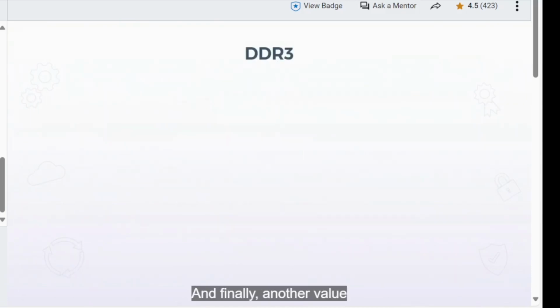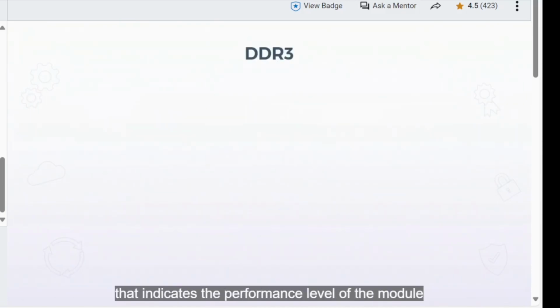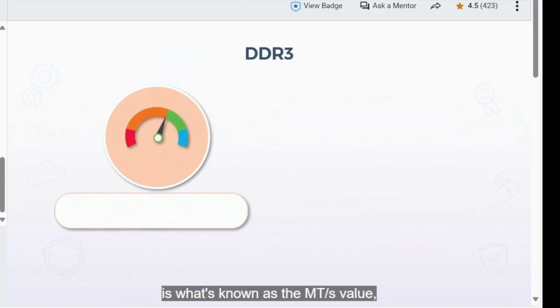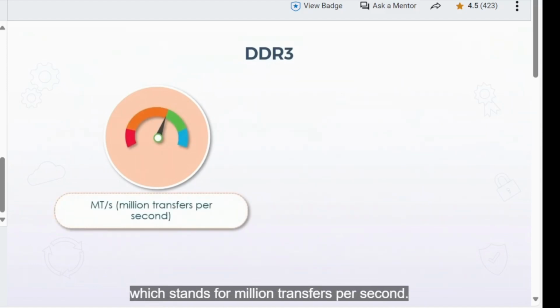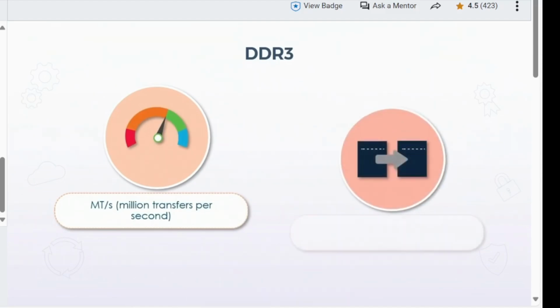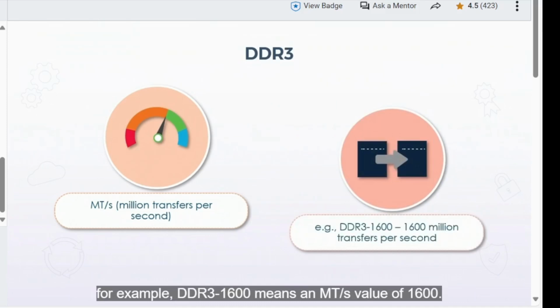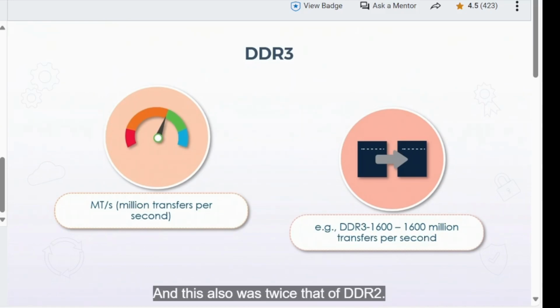And finally, another value that indicates the performance level of the module is what's known as the MTS value, which stands for million transfers per second. And you'll often see this included in the name when referring to the chip. For example, DDR3 1600 means an MTS value of 1600. And this also was twice that of DDR2.